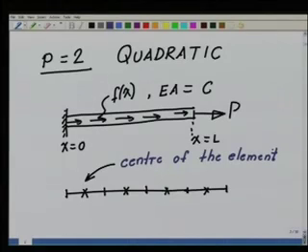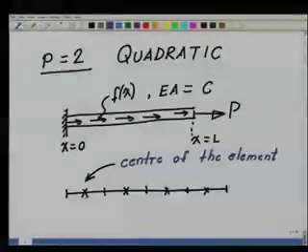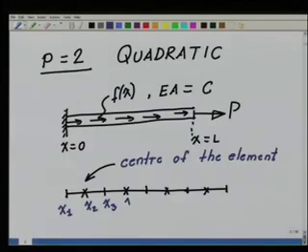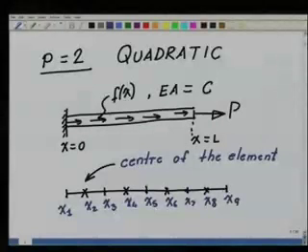Now we are going to give the locations of these points. Instead of having 5 points for the 4 elements that we have drawn, now we have 9 points. So we will give them names. This is point x1, x2, x3, x4, x5, x6, x7, x8, x9.